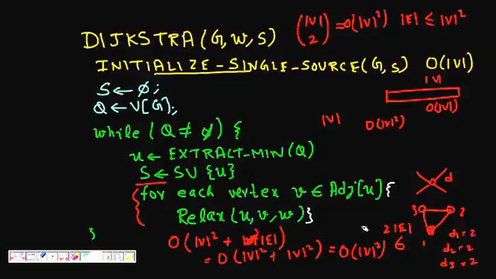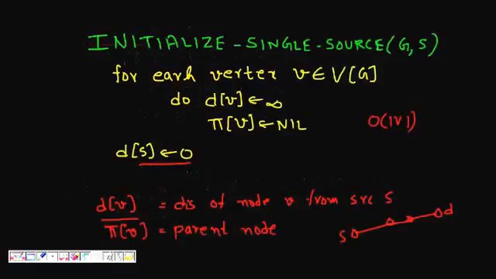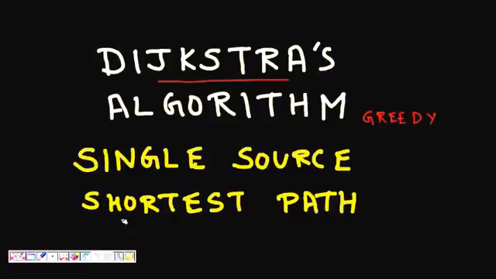So we see that Dijkstra's algorithm takes O of |V| square if Q is an array. If you have something different for the extract min, then your algorithm complexity will be different. So this lecture gave you a basic idea about Dijkstra's algorithm and its analysis.